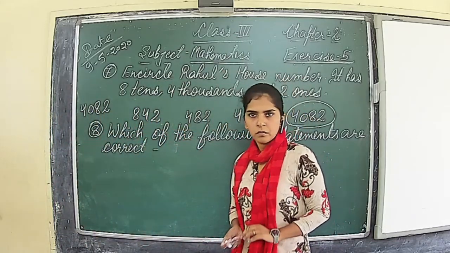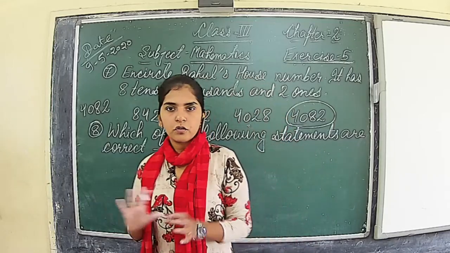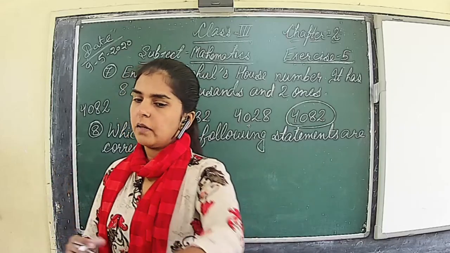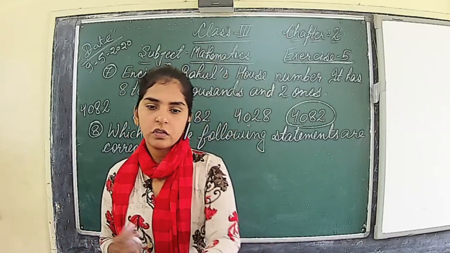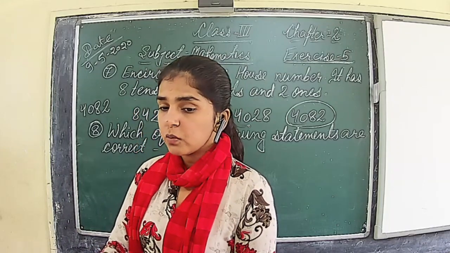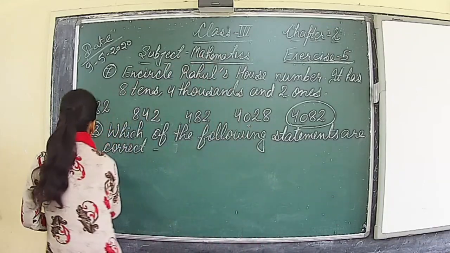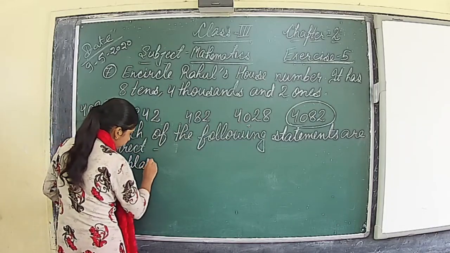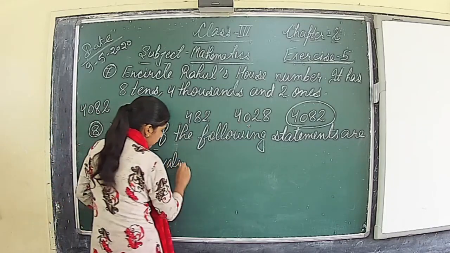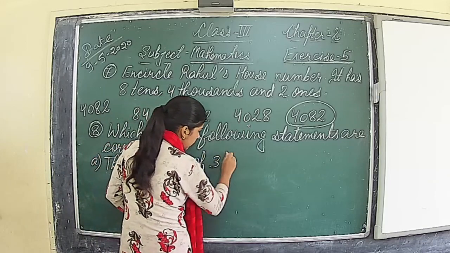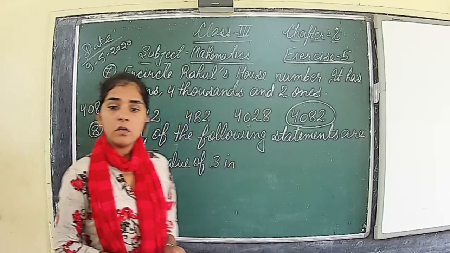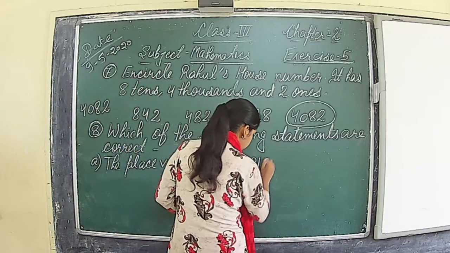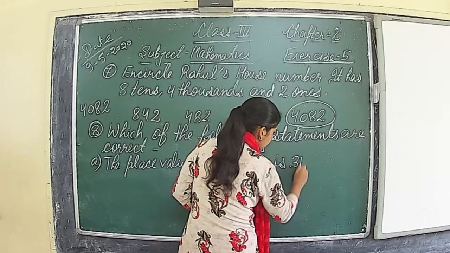Okay? It is like true false. We have done true false, right wrong. This is same as that question. So first one is: the place value of 3 in 4316 is 316.